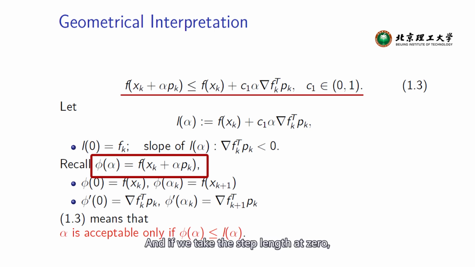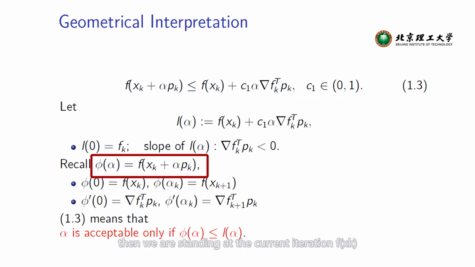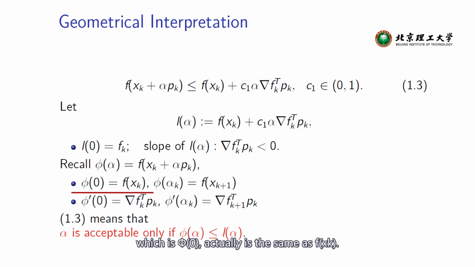If we take the step length at 0, then we are standing at the current iteration, so phi(0) is the same as f(xk). Similarly, phi(alpha k) is the next iteration f(xk+1).